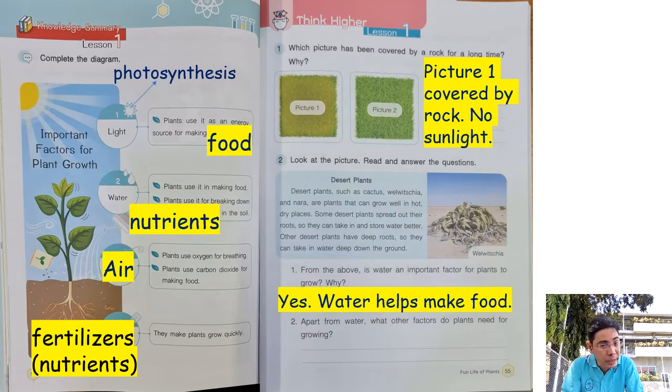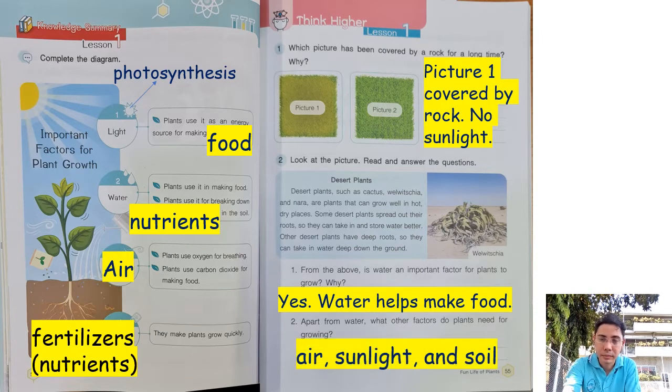What about number 2? What other things do plants need to grow? Yes, they need light, water, air, and nutrients from the soil. And we are finished with our exercise.